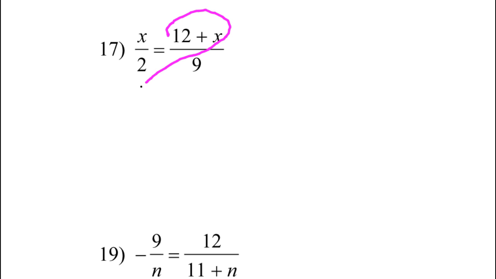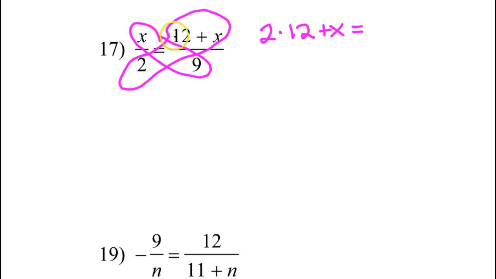So we got 2 times 12 plus x, equals x times 9.